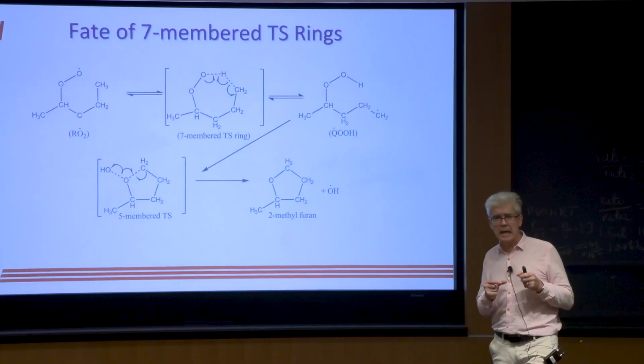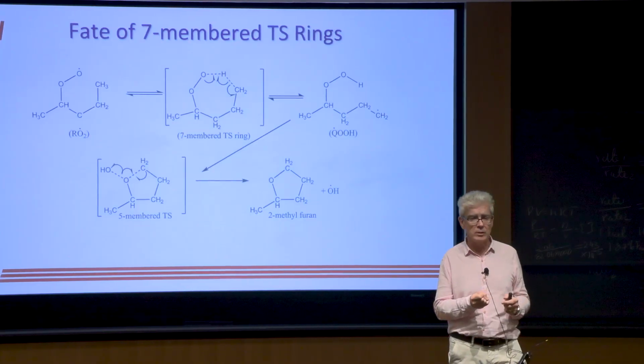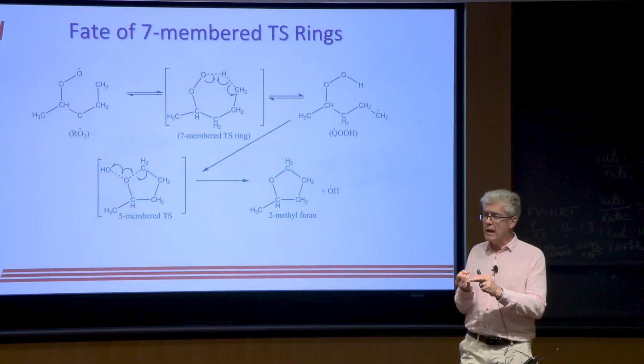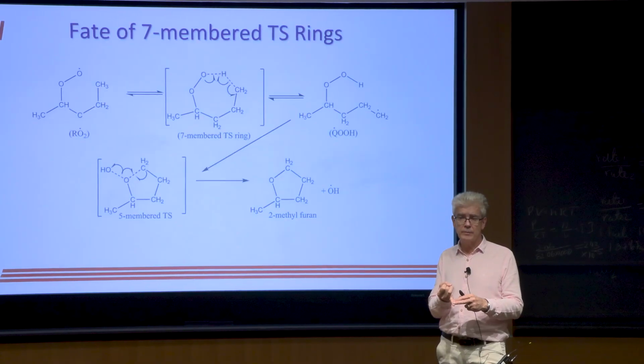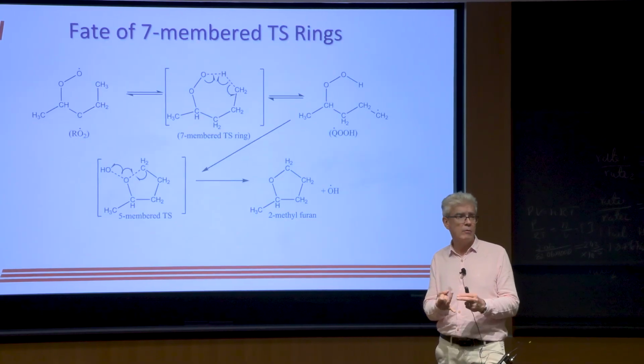Now that distinction that I've just said is very important. So if you have 5-membered rings, what happens? You get olefin plus HO2. If you have a 6-membered ring, what happens?